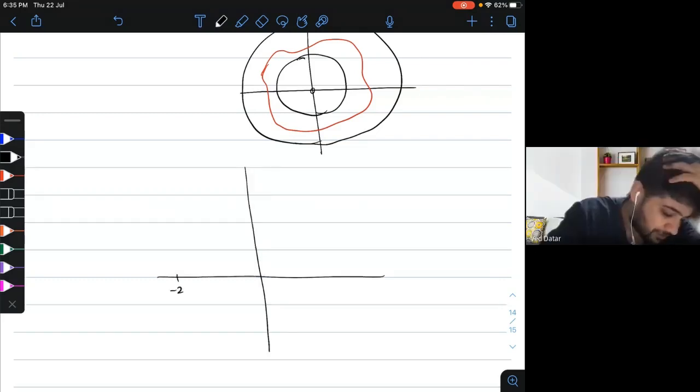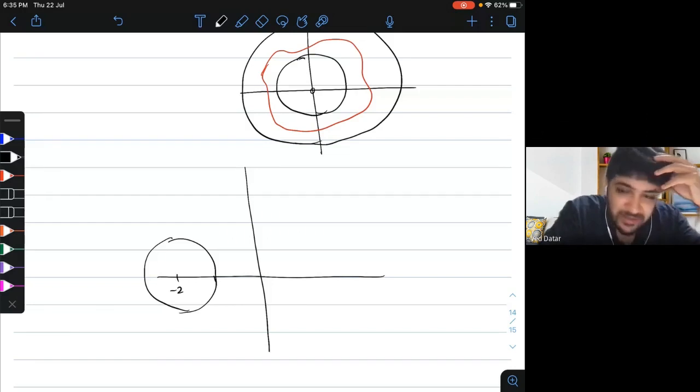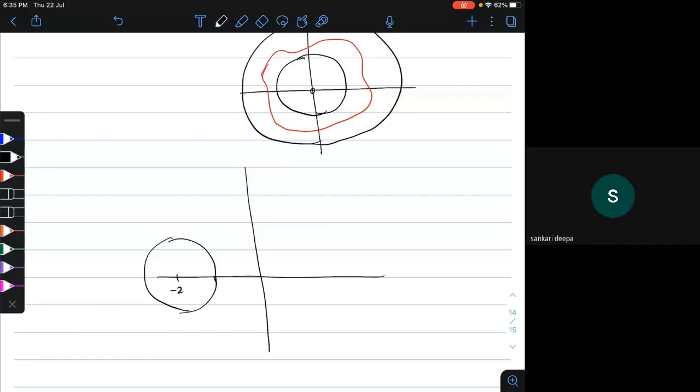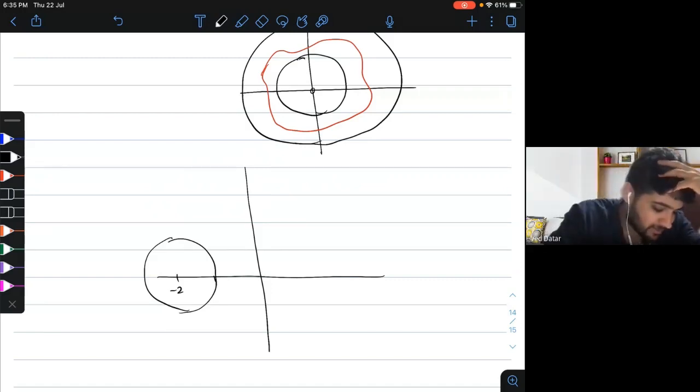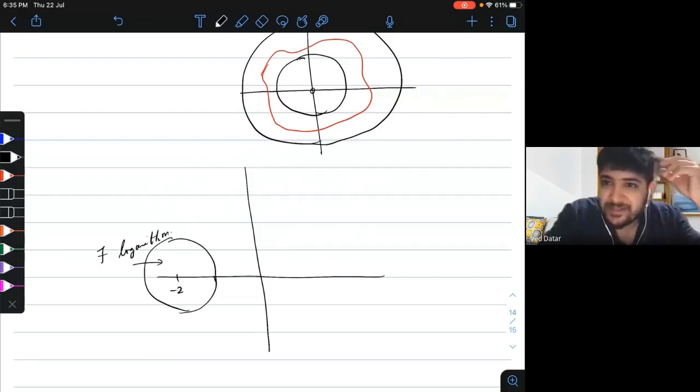Right. So let's say this is -2 and you want to consider a disk of radius 1. In this region, we have a logarithm, a function f of x with exponential of f of x equal to x. There is nothing special about the negative x-axis.